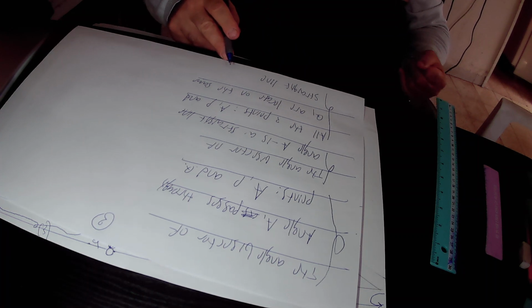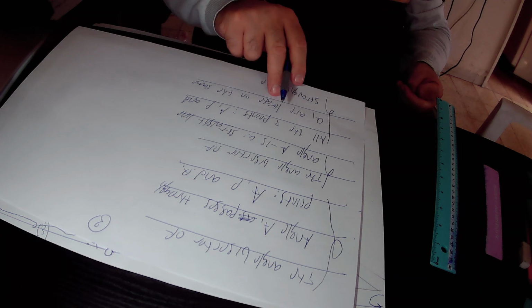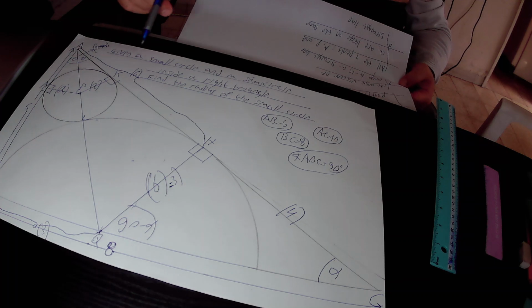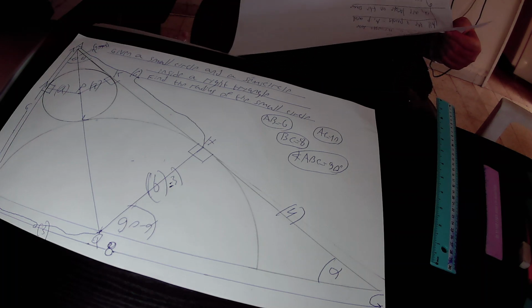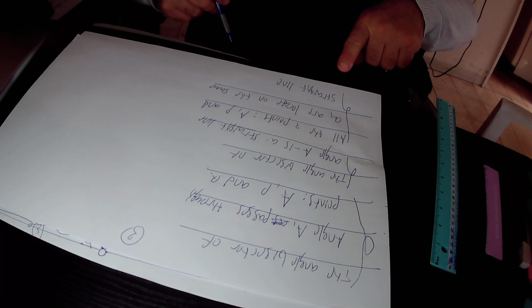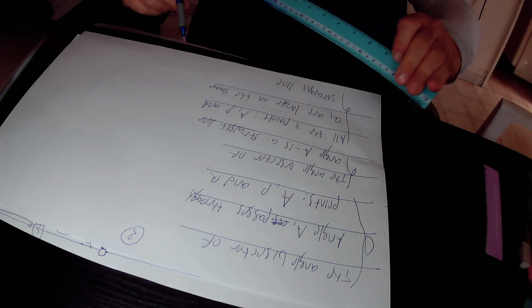And the straight line is the angle bisector of angle A. The straight line on which all the 3 points A, P, and Q are located is the angle bisector of angle A, that is a straight line. So we can find out that all the 3 points A, P, and Q are located on the same straight line.